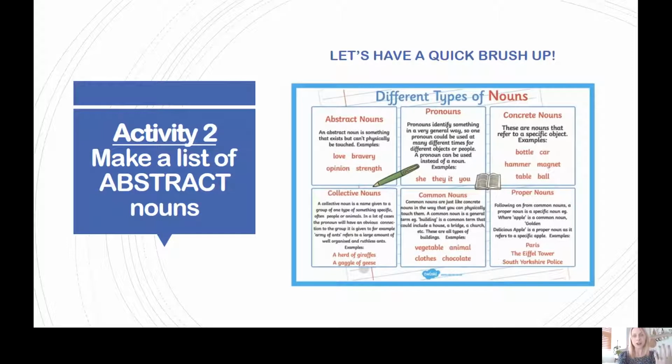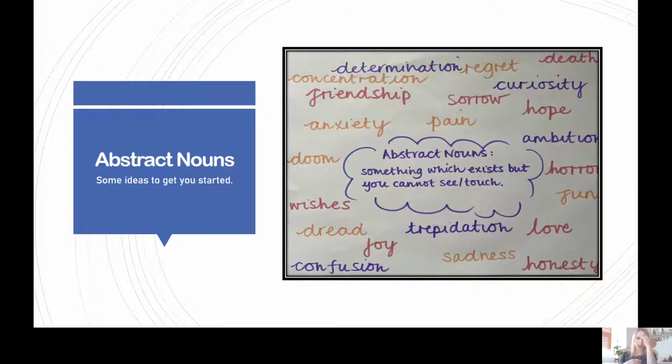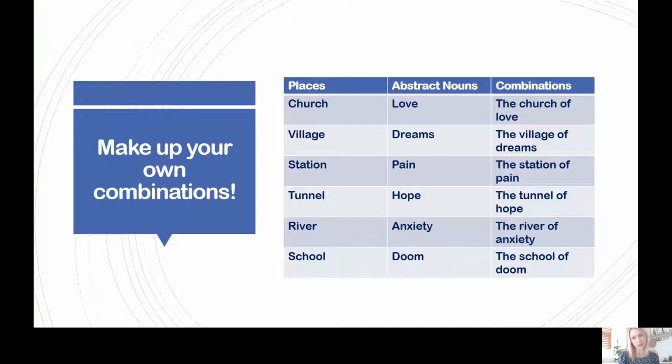And then you went on and you looked at abstract nouns, those things that exist but that you're not able to physically touch. And you came up with a variety of different abstract nouns, which you're going to use today to put together. So you're going to come up with your own combinations.